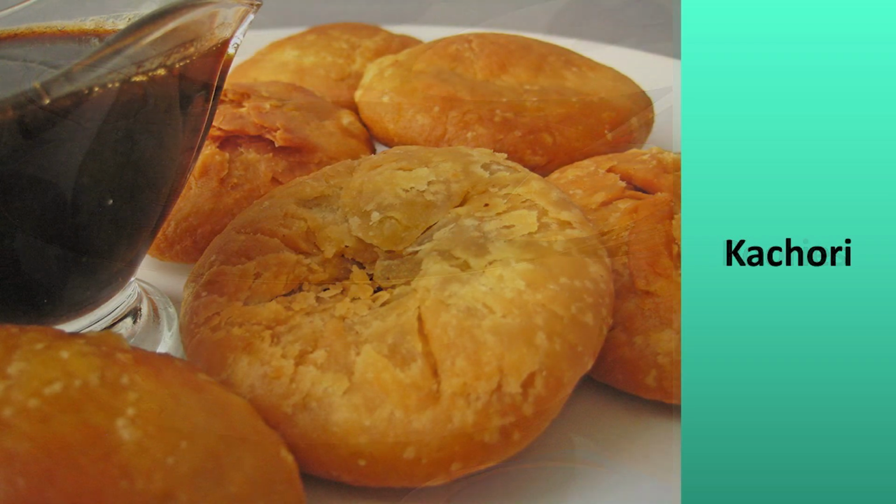So now, here comes the scientific explanation for the point I have been mentioning again and again, that is why cereals should be combined with pulses. As discussed earlier, pulses are combined with cereals to make a variety of preparations like paratha, puris, kachori.